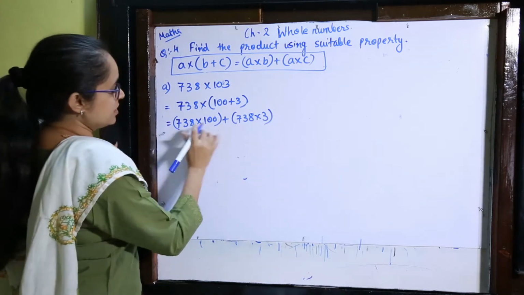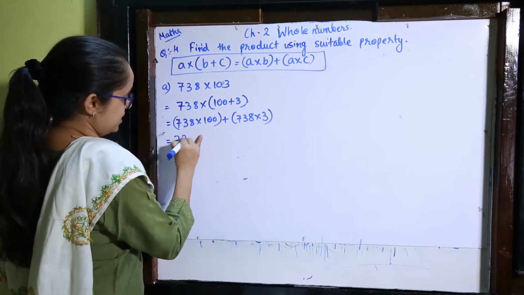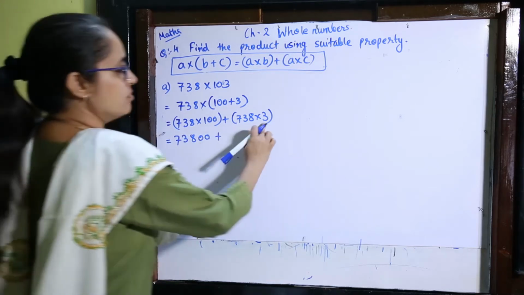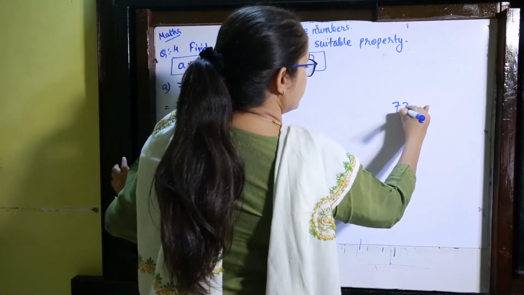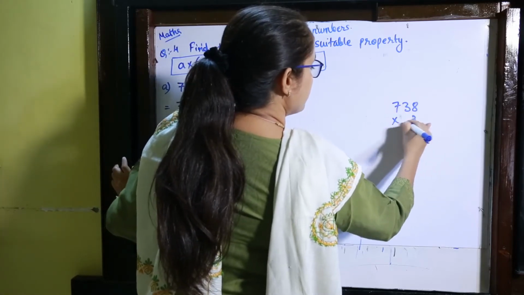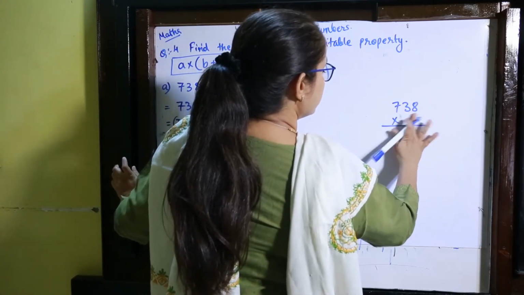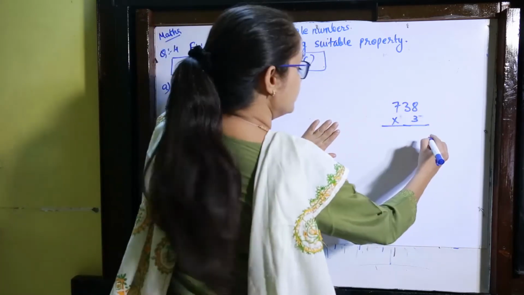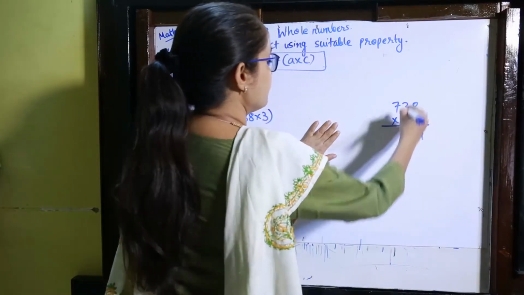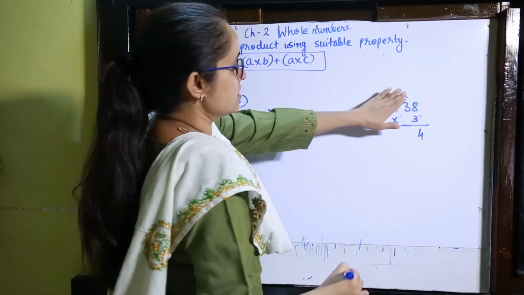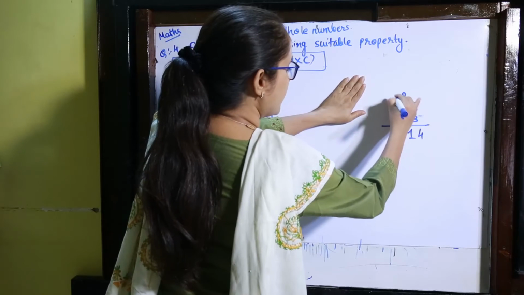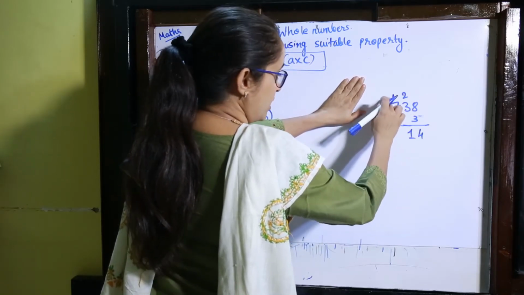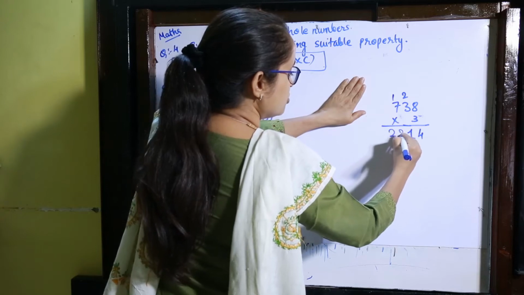Now 738 multiplied by 100 is simple, 73800 plus, now you have to multiply 738 multiplied by 3. 8 3s are 24, carry over 2, 3 3s are 9, 9 plus 2 is 11, carry over 1, 7 3s are 21, 21 plus 1 is 22.